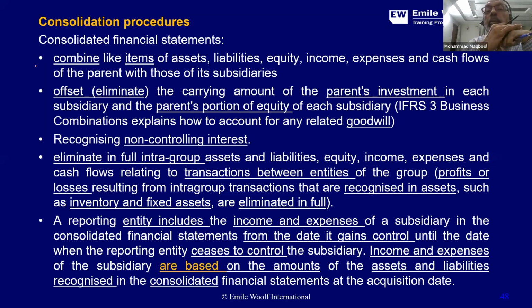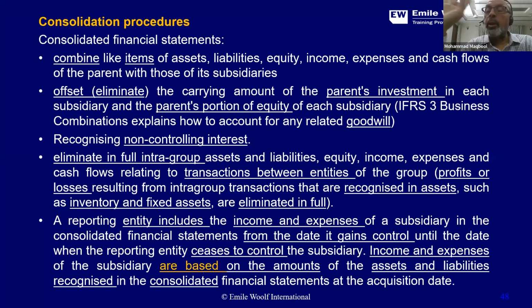Offset and eliminate the carrying amount of the parent's investment in the subsidiary and the parent's portion of the equity of each subsidiary. That has to be adjusted so that we can work out the goodwill and recognize non-controlling interest. And we have told you there are two bases of working out the non-controlling interest. Already we discussed that.